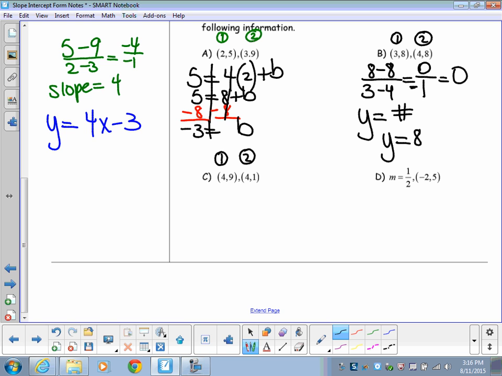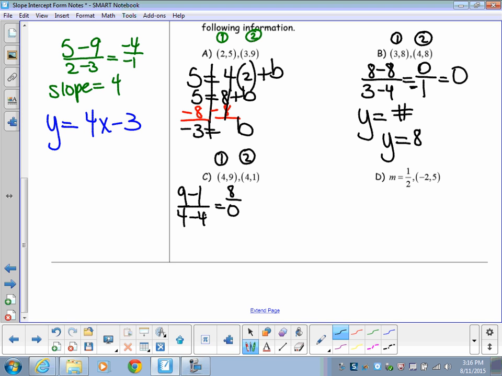My y1 is 9. My y2 is actually 1. Sorry about that. My x1 is 4. My x2 is 4. Okay, this is 8, and that's 0.